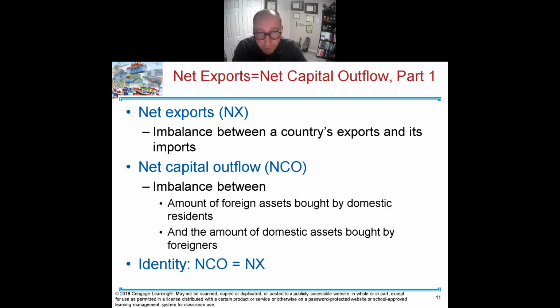The foreign assets bought by domestic residents, that's when I, a United States citizen, purchase shares of stock in China. Domestic assets bought by foreigners is where Chinese citizens buy shares of stock of U.S. companies. The difference between those two, we call that net capital outflow.